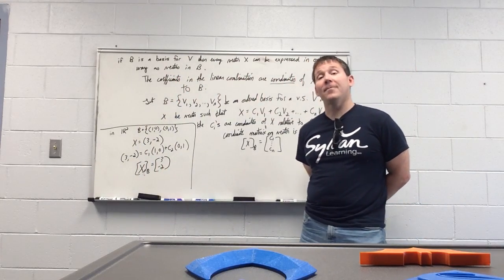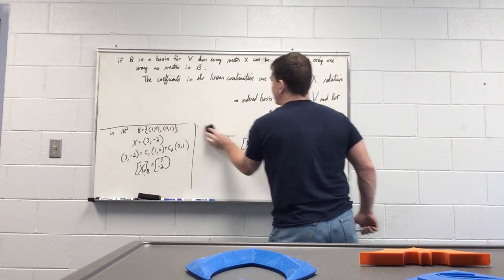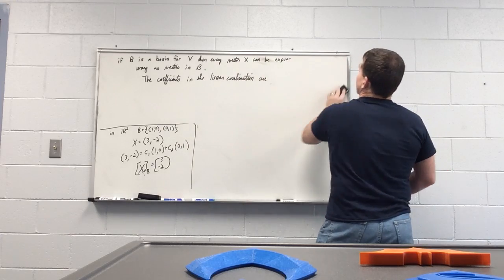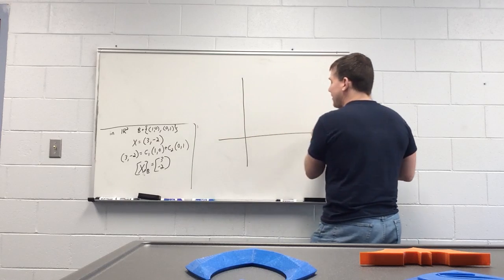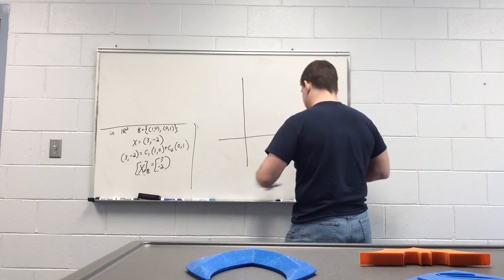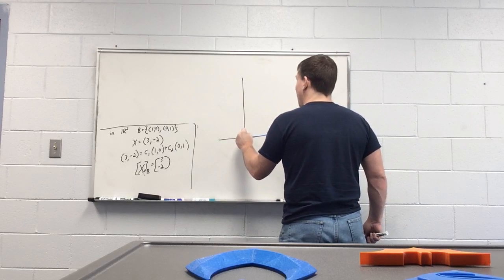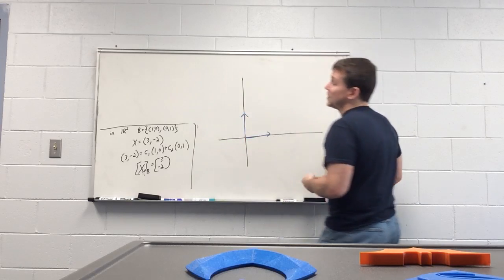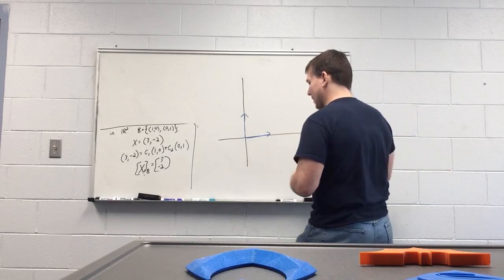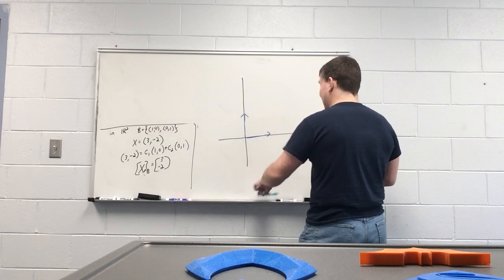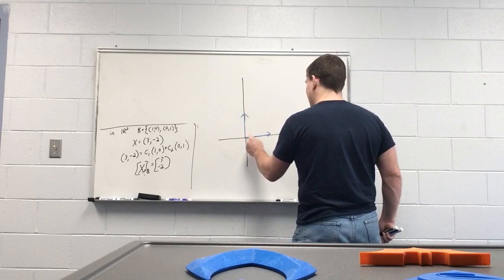Which is, again, obvious. From a geometric perspective, I have R2, I have my standard basis vectors, (1, 0) and (0, 1). Now I have some vector (3, -2), which is right here.